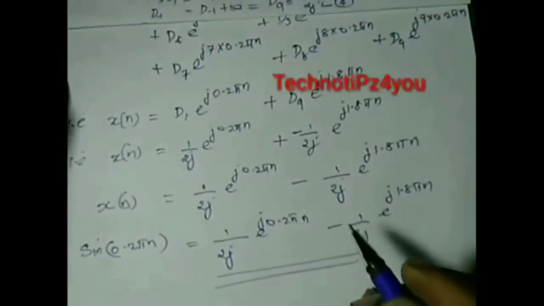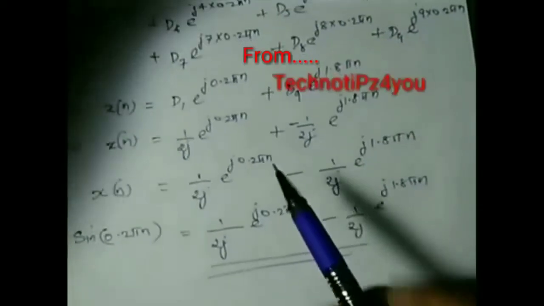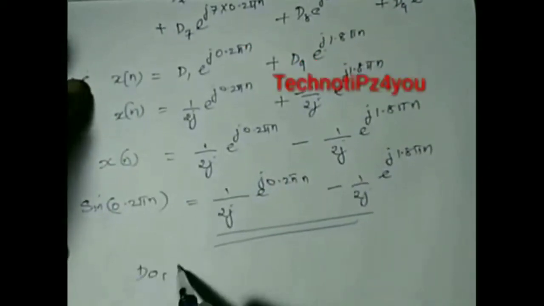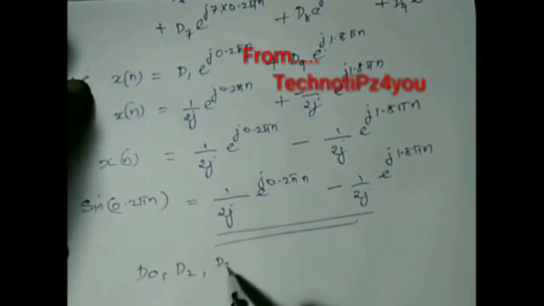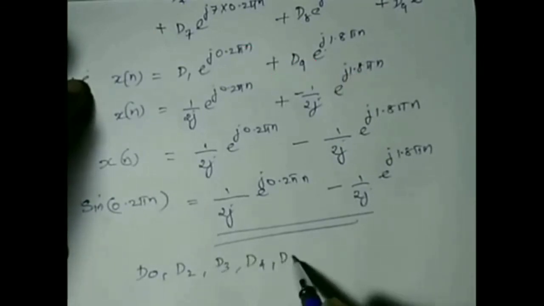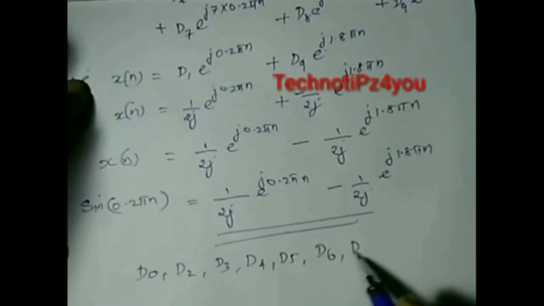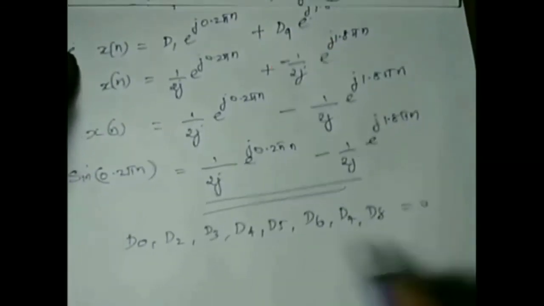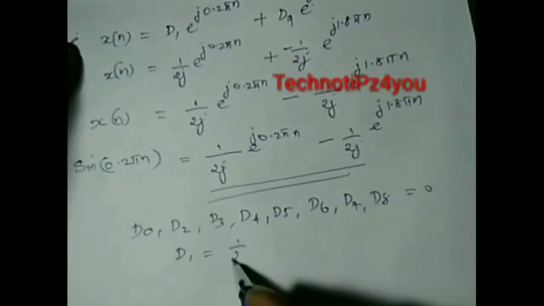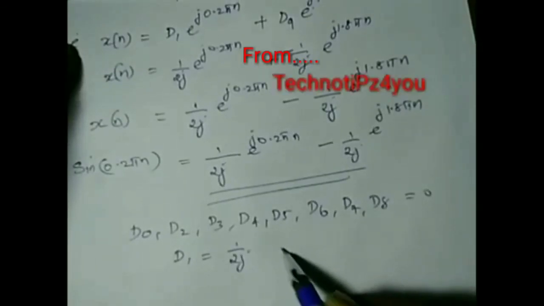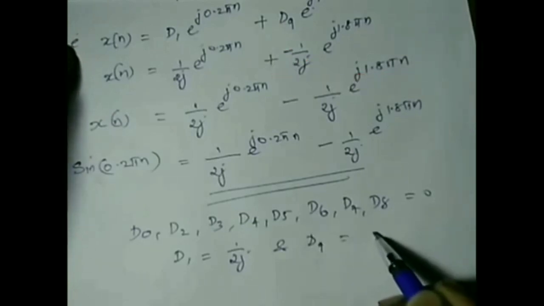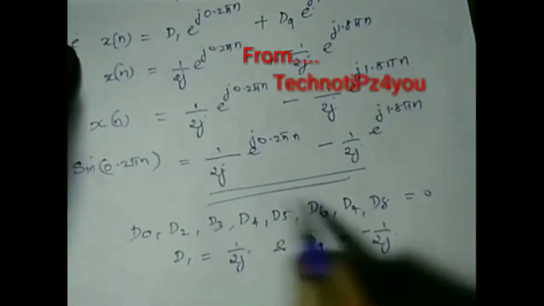All other coefficients are 0: d0, d2, d3, d4, d5, d6, d7, d8 are all 0. d1 is equal to 1 by 2j and d9 is equal to minus 1 by 2j. These are the Fourier coefficients.